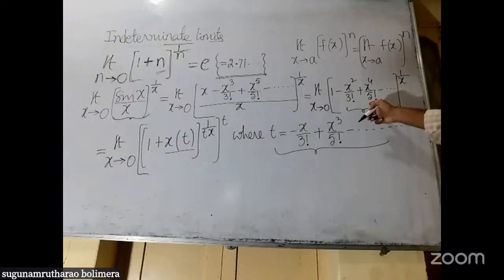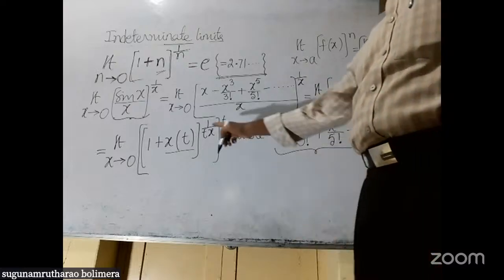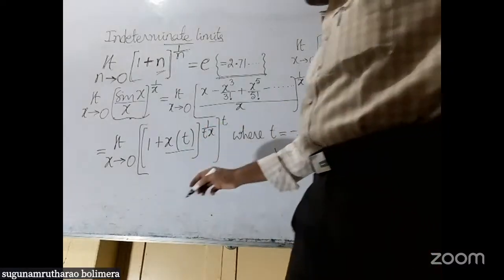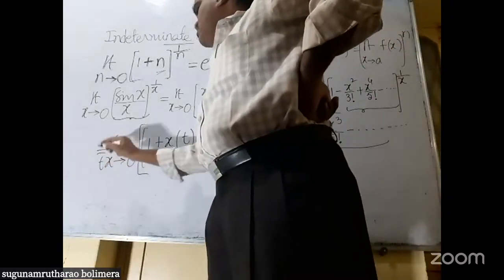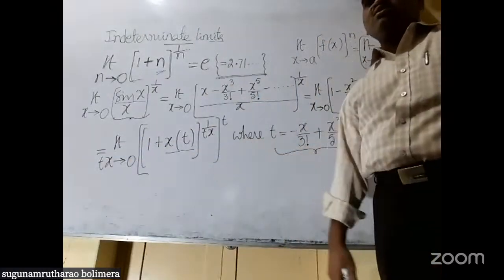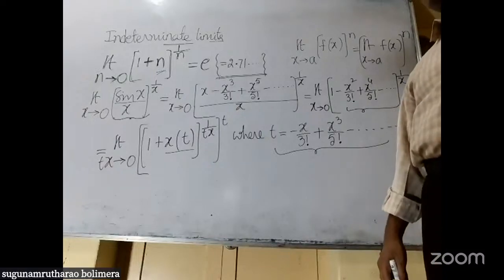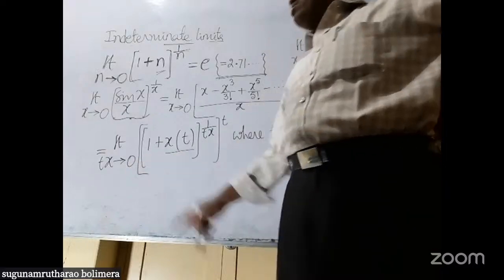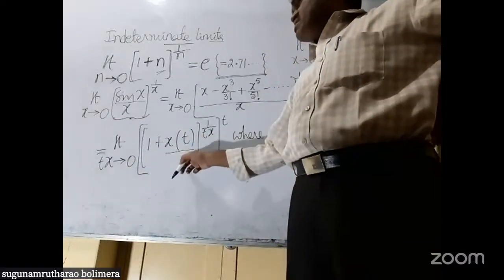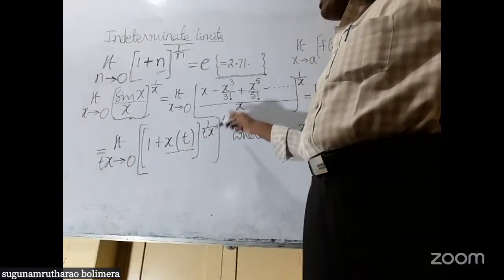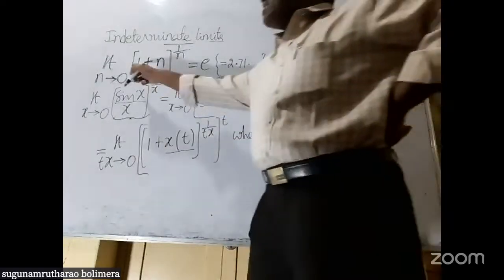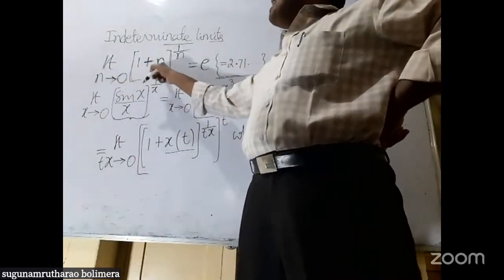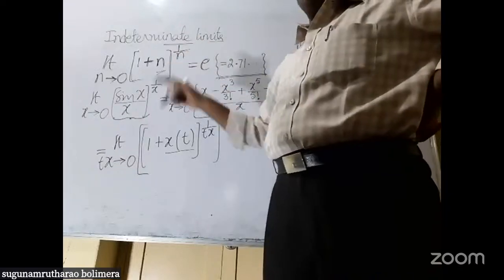So now, as x tends to 0, tx also tends to 0. Come on, tell me what is it? Limit tx tends to 0, (1 plus tx) whole power 1 by tx, which is like limit n tends to 0, (1 plus n) whole power 1 by n.